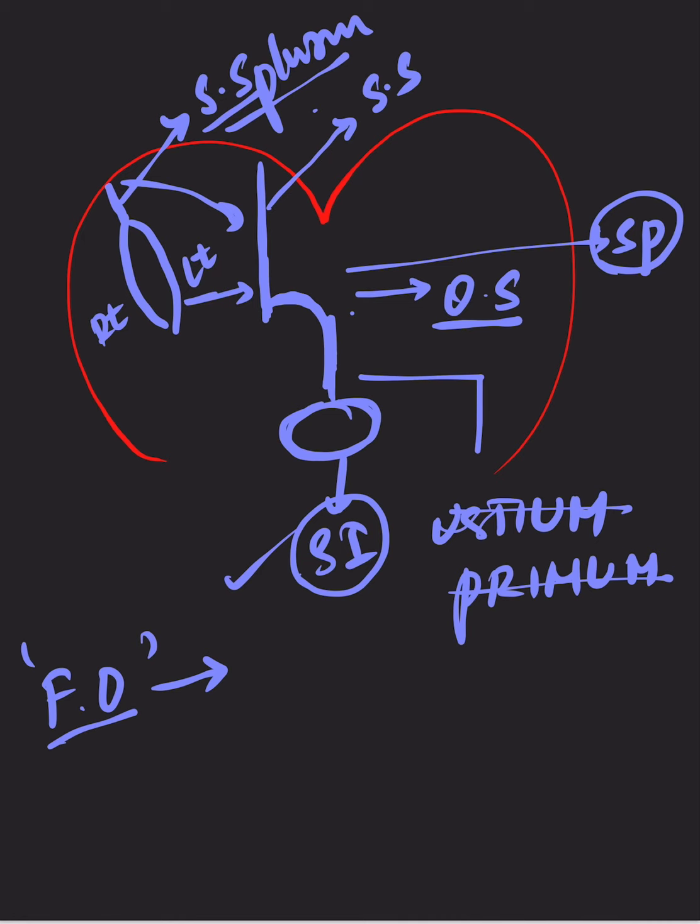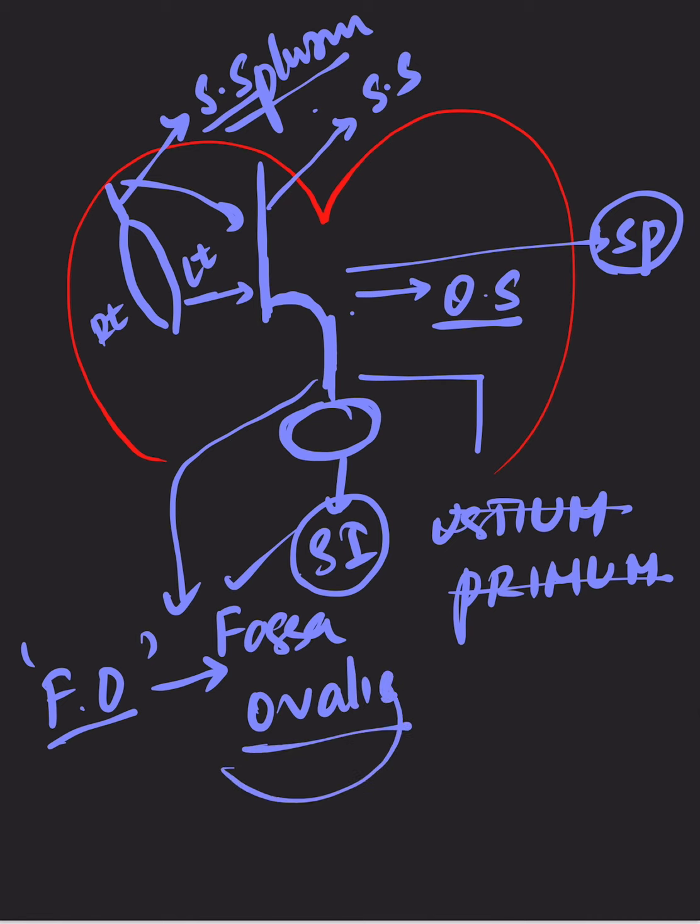When you look from this aspect, from the right side, you could see an oval-like depression. That oval-like depression is nothing but the fossa ovalis. The lower free edge of the septum secundum forms a ridge over the fossa ovalis and arches over like this.